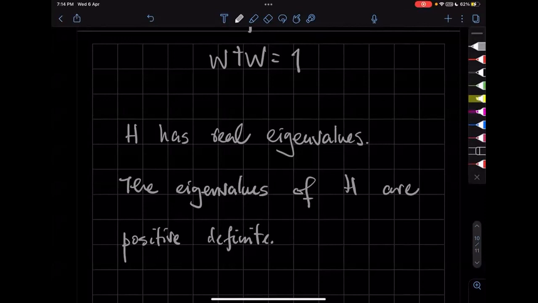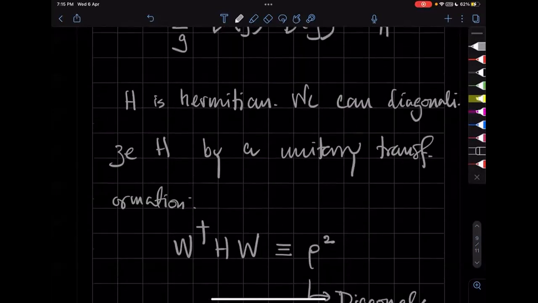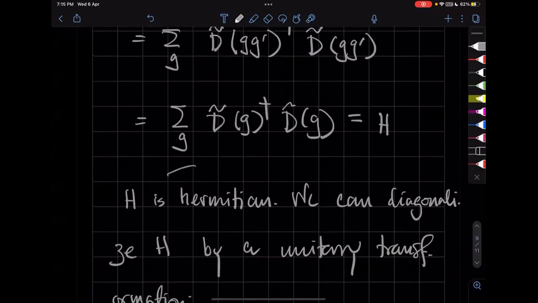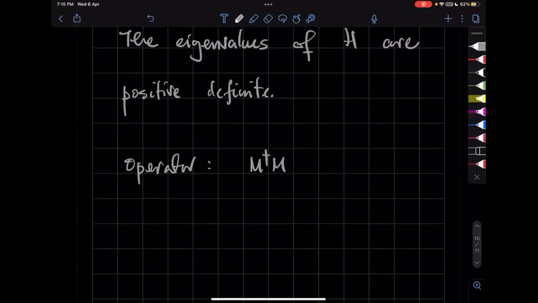And let me just first motivate this. So for example, suppose that you have an operator whose form is say M dagger M, right? H has that form, right? There is just an additional sum, but H has roughly this form, right?